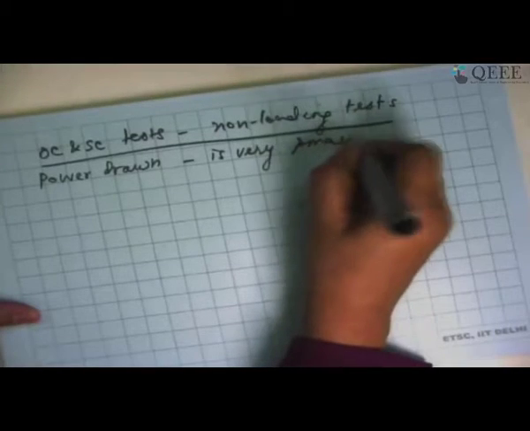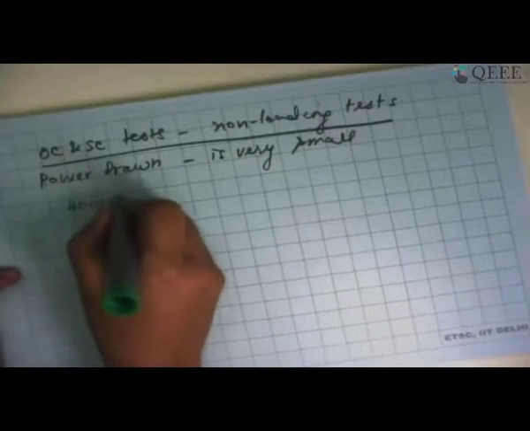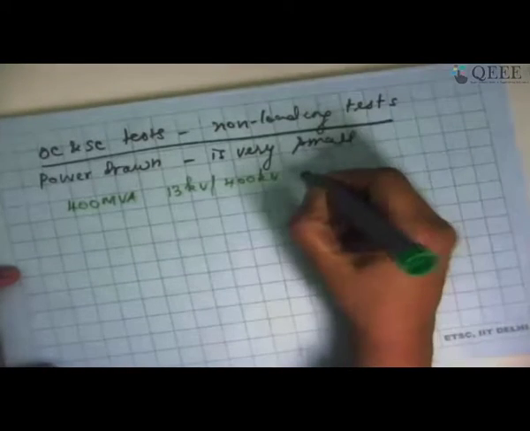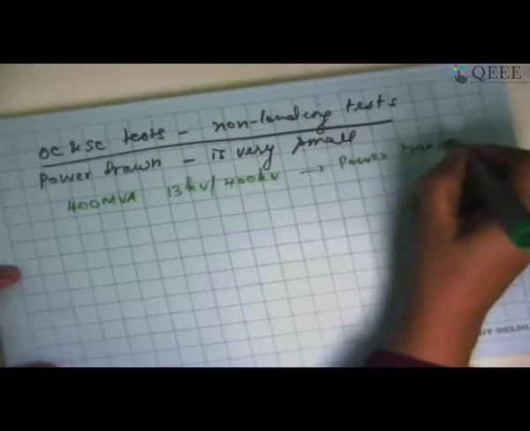So if we are talking about a big power transformer whose rating is, let us say, 400 MVA and let's say 13 kilovolts by 400 kilovolts. This is typically the rating of a transformer, maybe a power transformer. If I have to really test this, that means I have to have a load of 400 MVA capacity. Normally, it is going to be very, very difficult, first of all, to find the load of 400 MVA capacity.